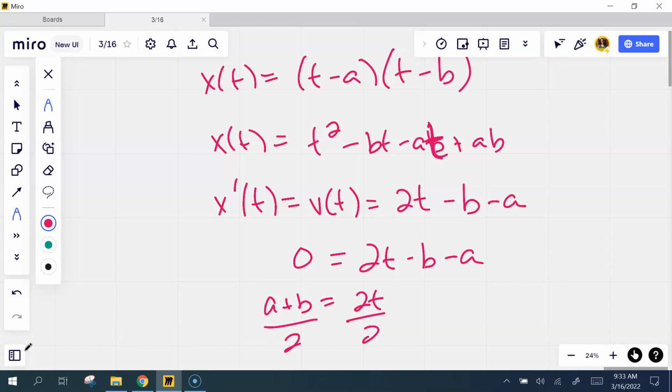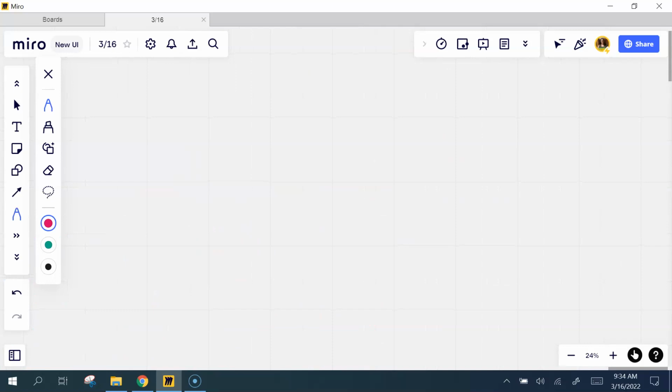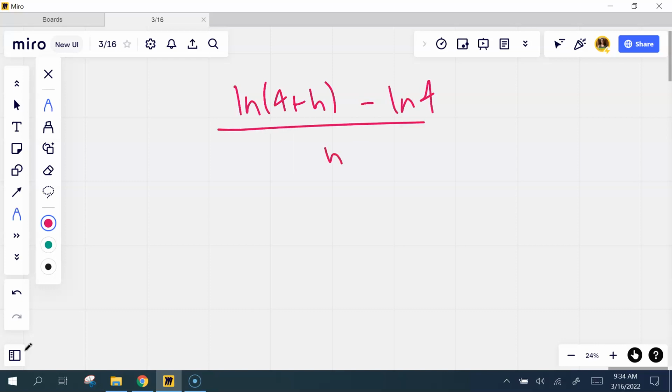But it is an indeterminate form if you try to evaluate the limit. So you could do the derivative of the top over the derivative of the bottom. This is how I did it. I split this one, Dylan, you can split: log of 4 plus h over h minus log of 4 over h.